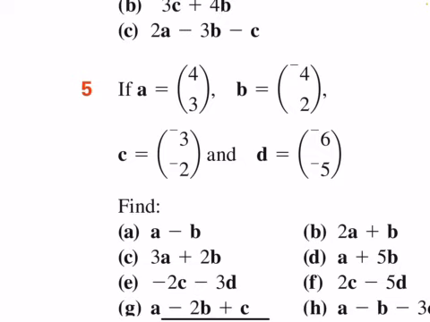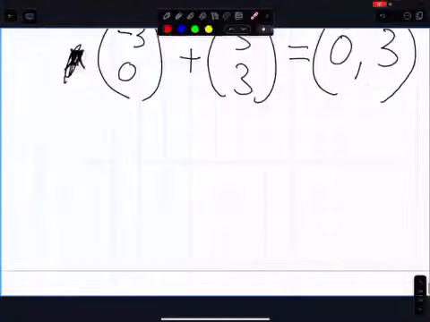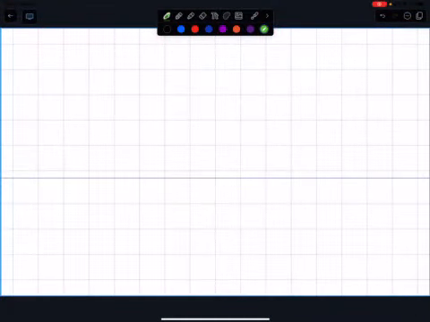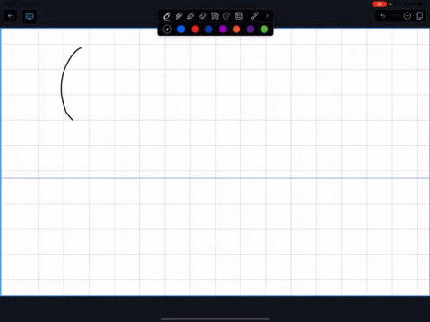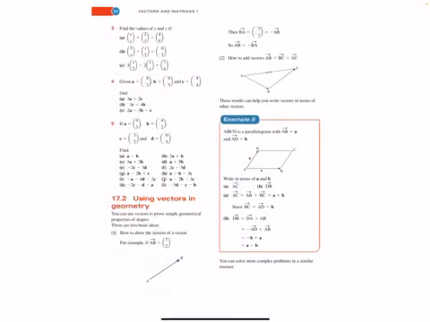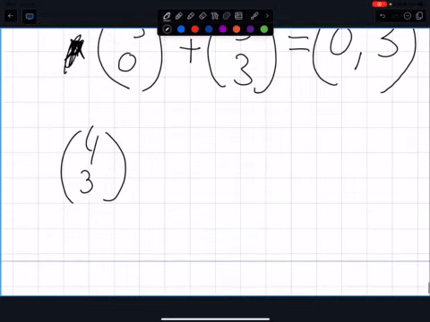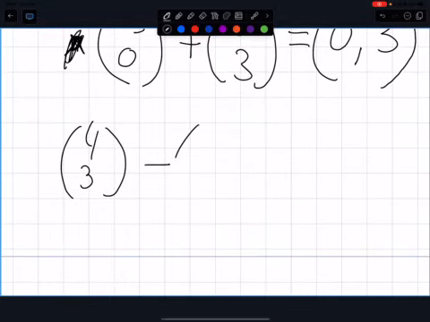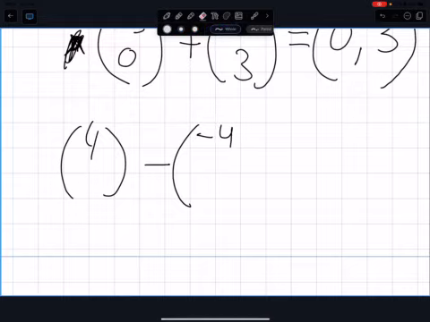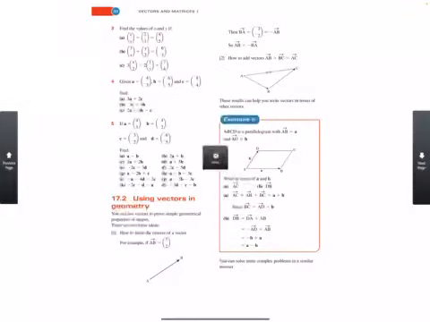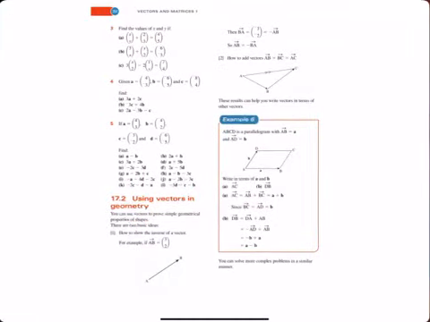Vector 4, 3, subtract vector B, for example subtract -4, 2. Wait, is it 4, 3 or 4, 2?